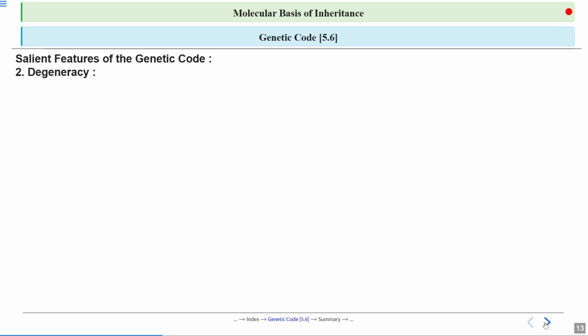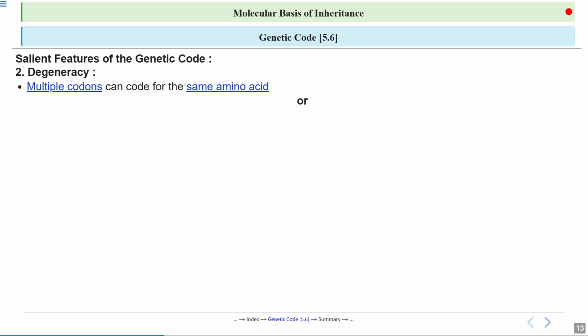Second feature, this was the triplet nature. The second feature is degeneracy. What is degeneracy? That multiple codons can code for the same amino acid, and this is why, even though we need only 20 amino acids, 64 codons are present. So that's why I told you that we will answer the question of why they surpass this number: if we only needed 20 amino acids, why is there a presence of 64 codons?